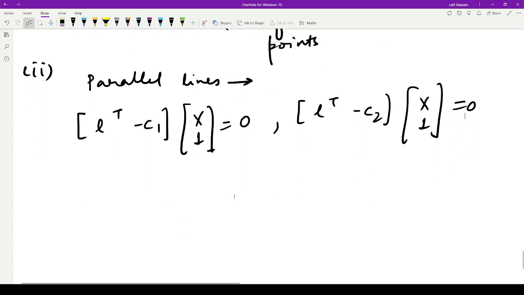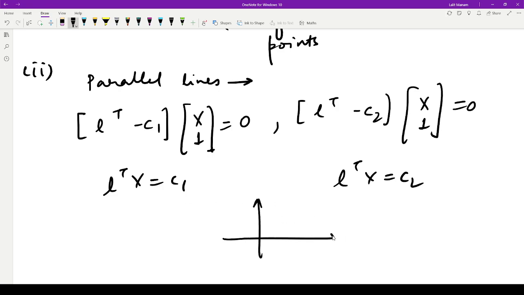So what does this look like? L transpose X equals C1, and this is L transpose X equals C2, right? Something similar to the case where you have similar slopes but different intercepts, right? Both of them have the same slope, different intercept. Fine.